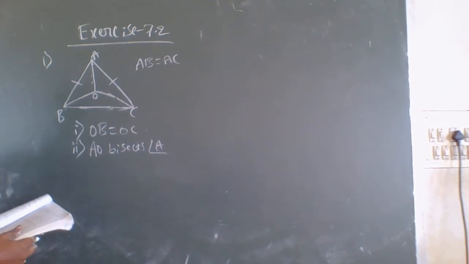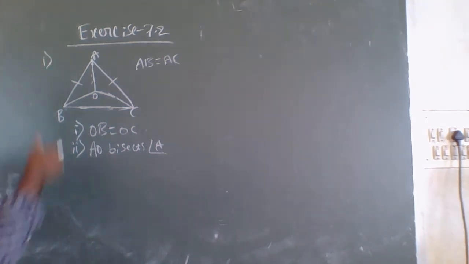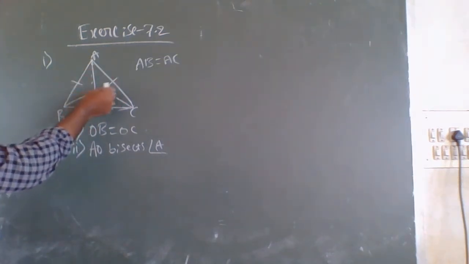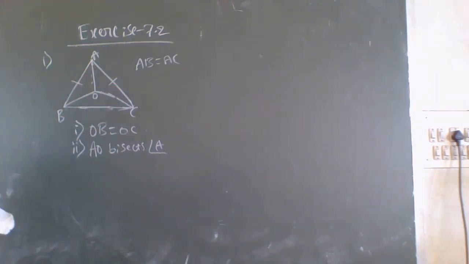Here again, what is given? This is the isosceles triangle ABC with AB equal to AC.